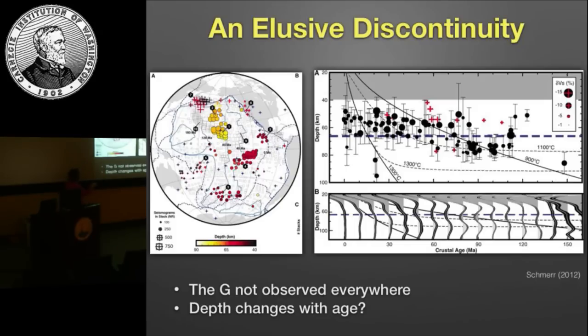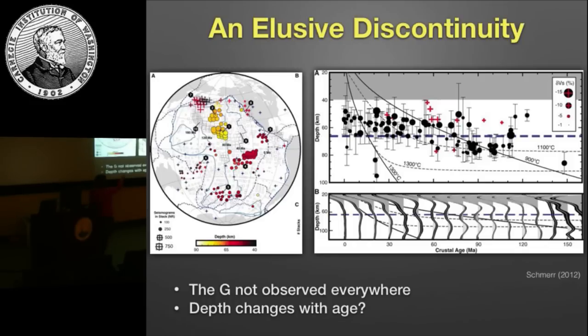And it seemed from this figure that there is a slight increase in the depth of the discontinuity as you go toward older plates. So red is relatively shallow discontinuity, around, I don't know, 70 kilometers depth or so, and yellow is closer to 80 kilometers depth. So there might be a slight increase in the depth of the discontinuity.